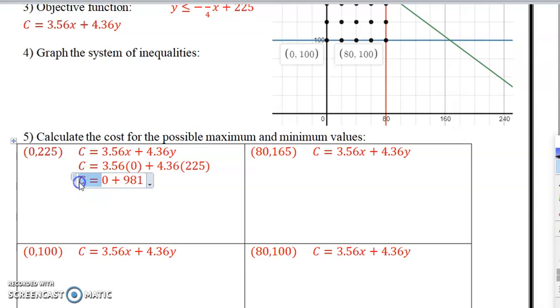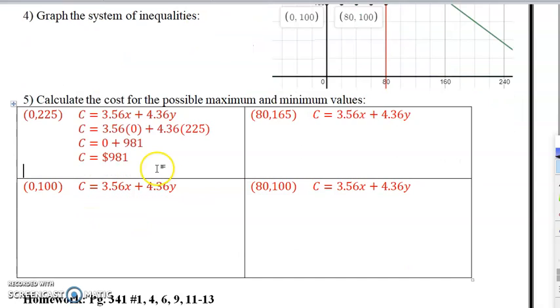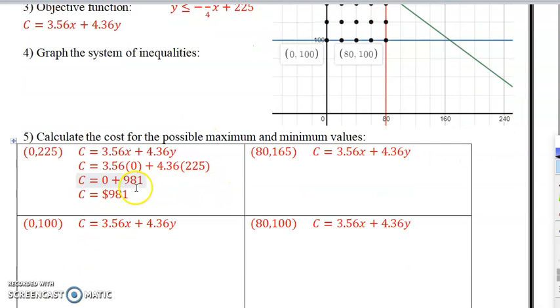So the cost is equal to, we'll put a dollar sign in when we're done, $981. So that means if we use 0 narrow boards and 225 wide boards, that'll yield a cost of $981. Okay.